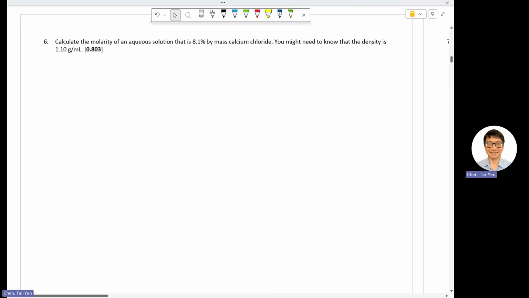Calculate the molarity of an aqueous solution that is 8.1% by mass calcium chloride. You might need to know the density is 1.1 gram per milliliter. Okay, what are the keywords here? Molarity is 1.